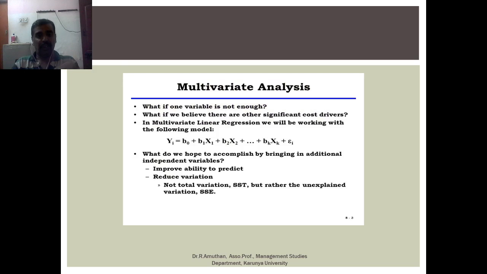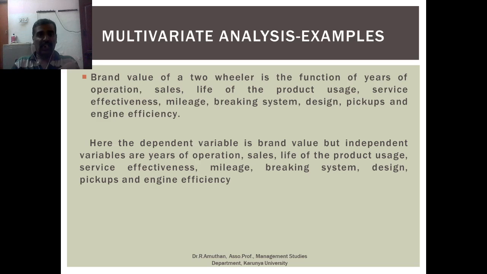Say, for example, you want to check the brand value of a two-wheeler. Take whichever two-wheeler of your choice. You want to see the brand value of the product. Now, which factors are involved in it? Its sales are involved, and how consistently it ensures sales.